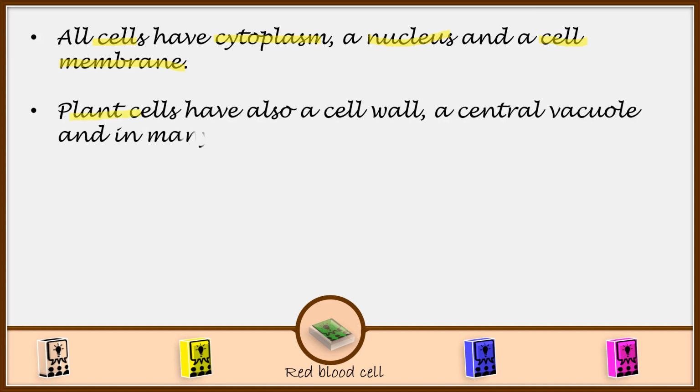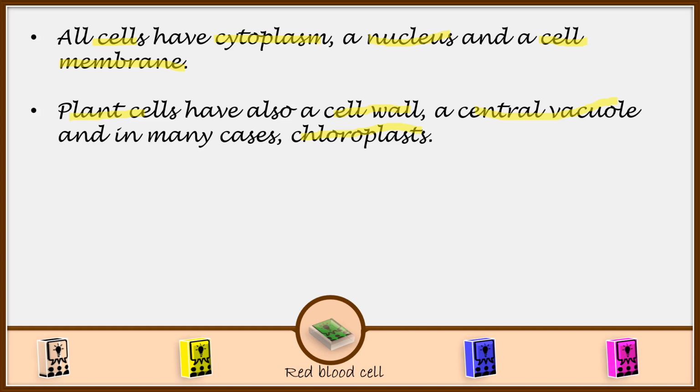Plant cells also have a cell wall, a central vacuole, and in many cases, chloroplasts.